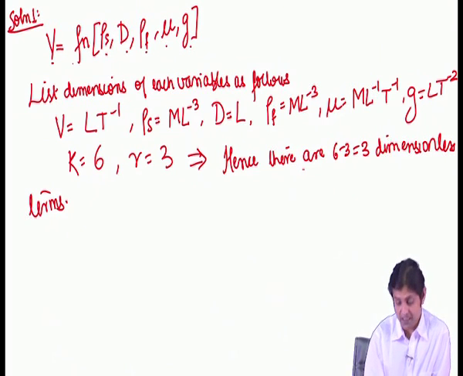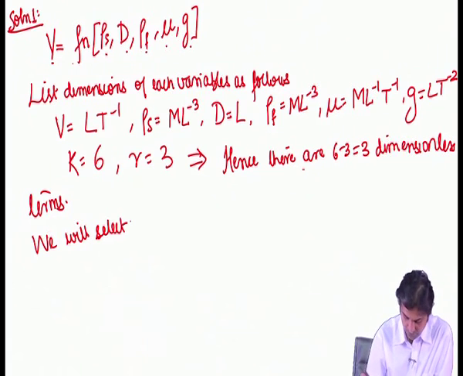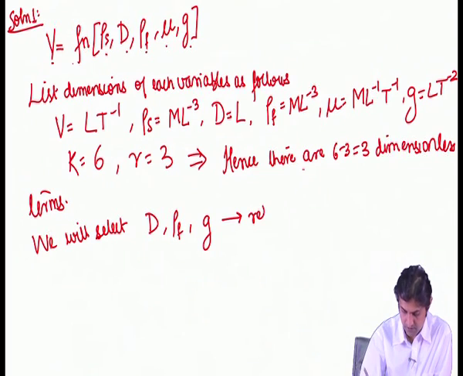Next step is selecting the repeating variables. Okay. We will select d, rho f and g as repeating variables. Okay.